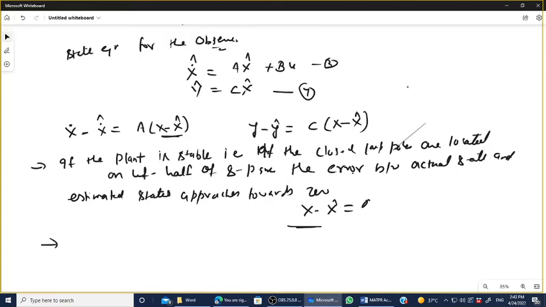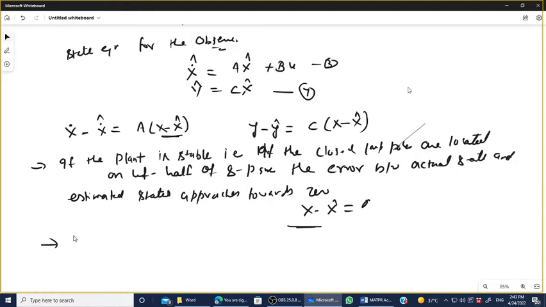Why? Because the ultimate goal is to correct the transient response. It means you have to make the observer system faster than the transient response. Before you achieve the transient response, all these states should be observed at the output and fed back in the feedback system.